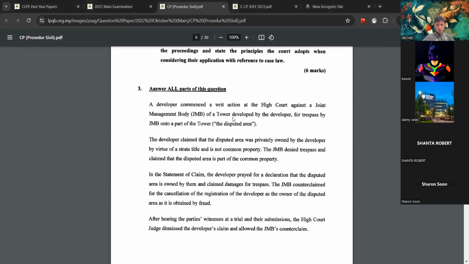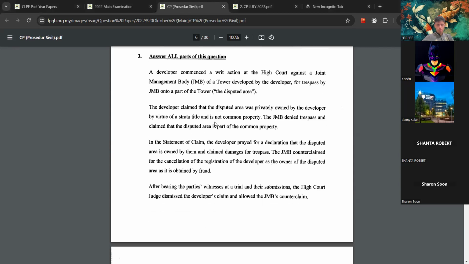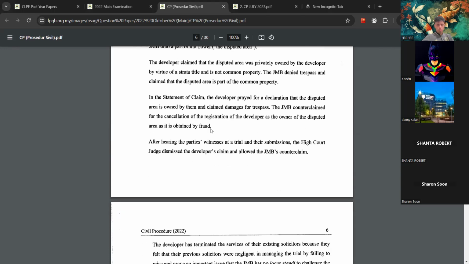A developer commences a writ action again at the High Court against the JMB of a tower developed by the developer, for trespassing onto part of the tower. Developer claimed that the disputed area is privately owned by the developer by virtue of a strata title and is not common property. JMB denied trespass, claimed that the disputed area is part of the common property.